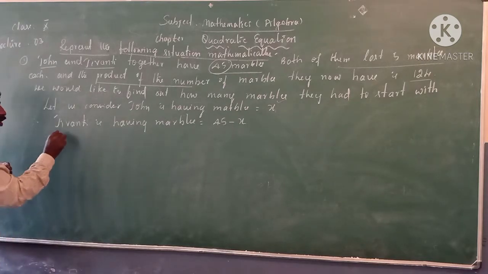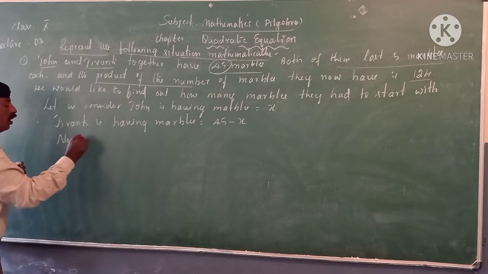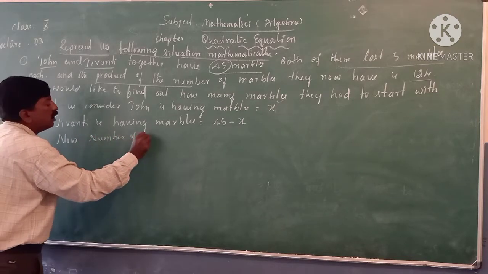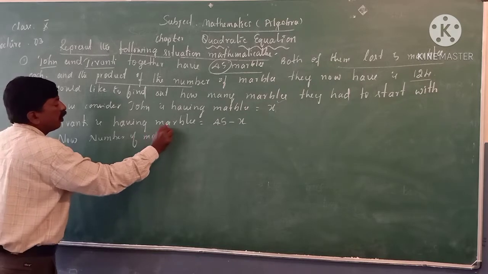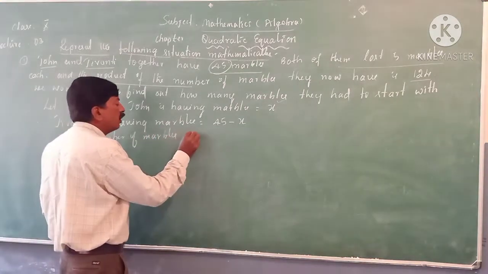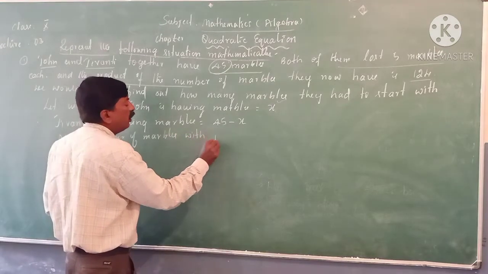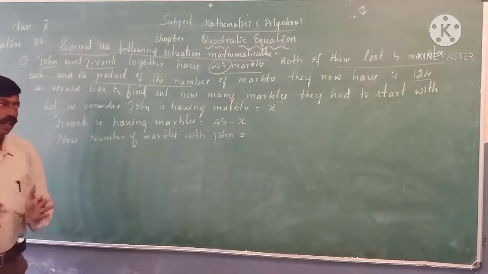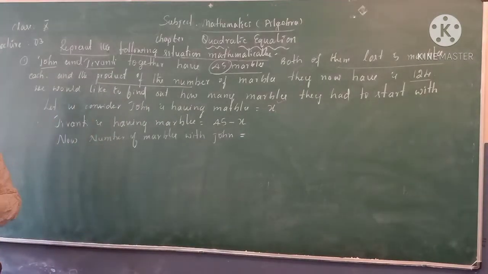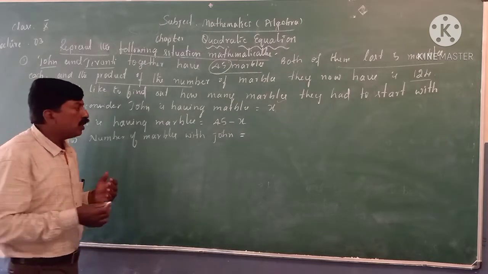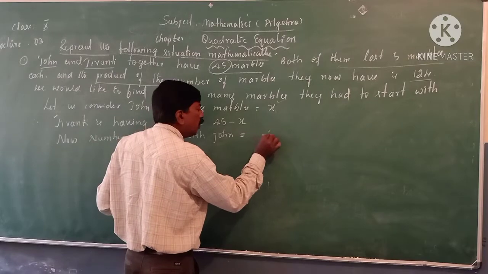Therefore, the number of marbles with John: he had x, and he lost 5 marbles, which means you have to subtract 5 from x.